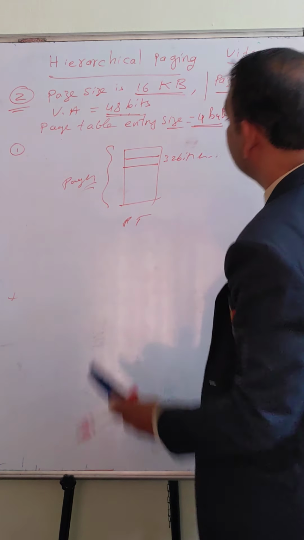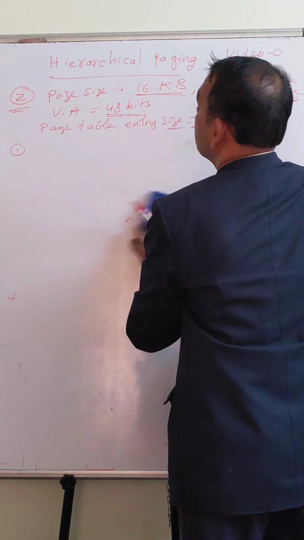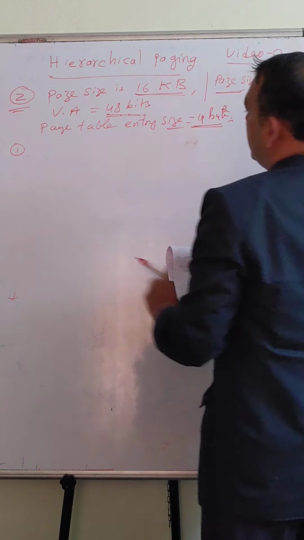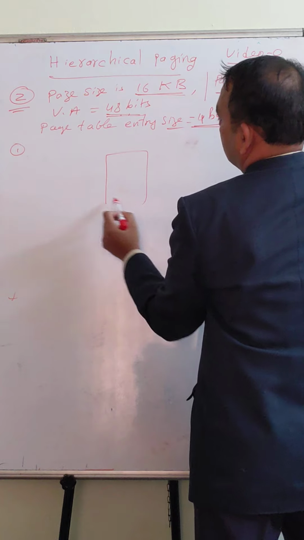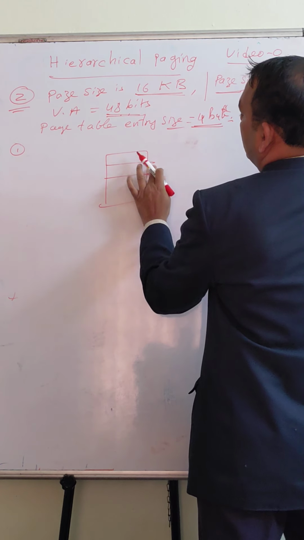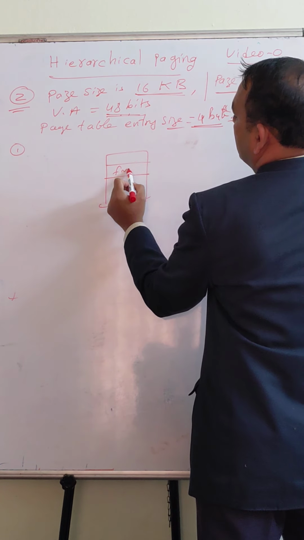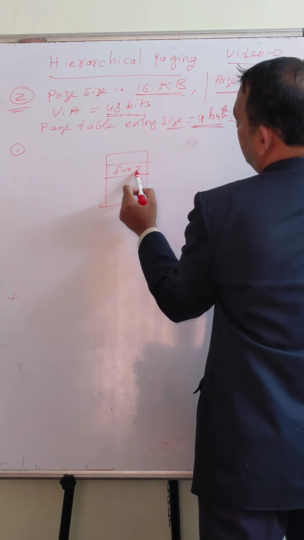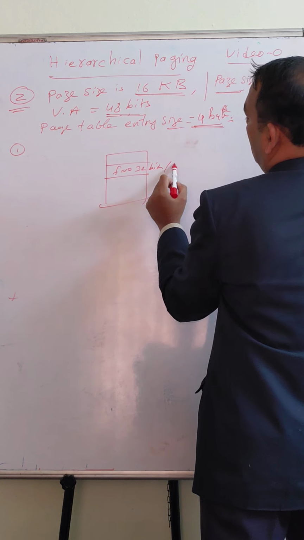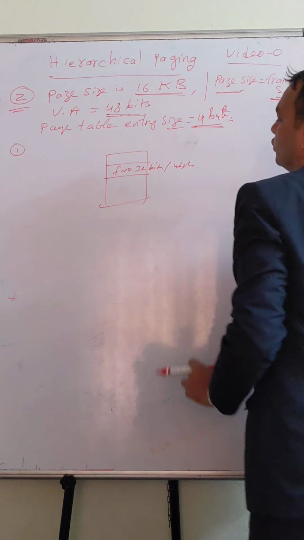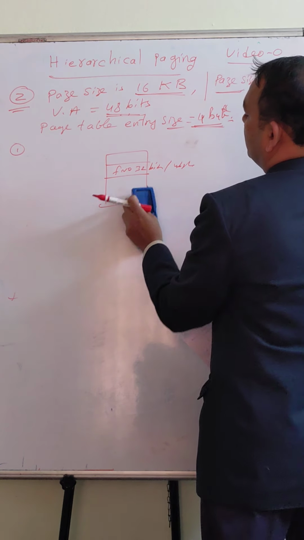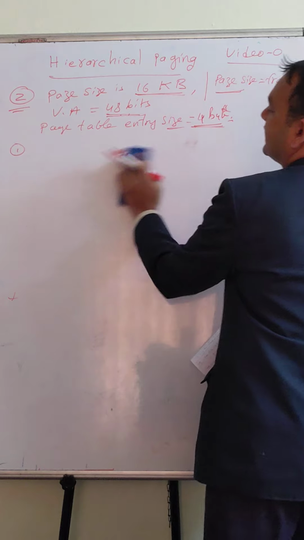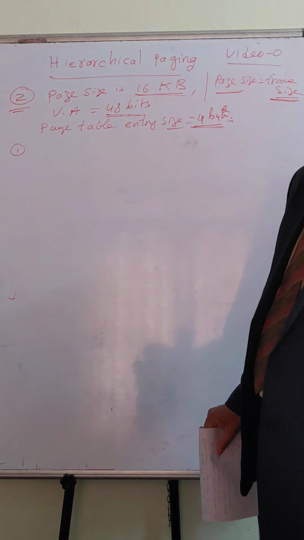What is this actually? This is the frame number. So one entry in the page table has a frame number. So page table entry means 32 bits or 4 bytes. From this we found that it is indirectly given as the frame number.